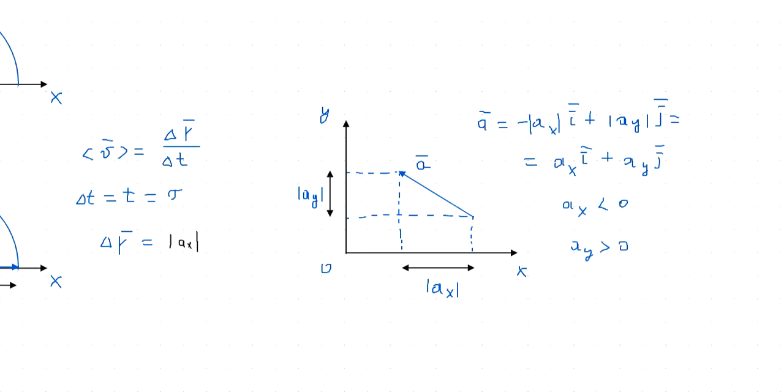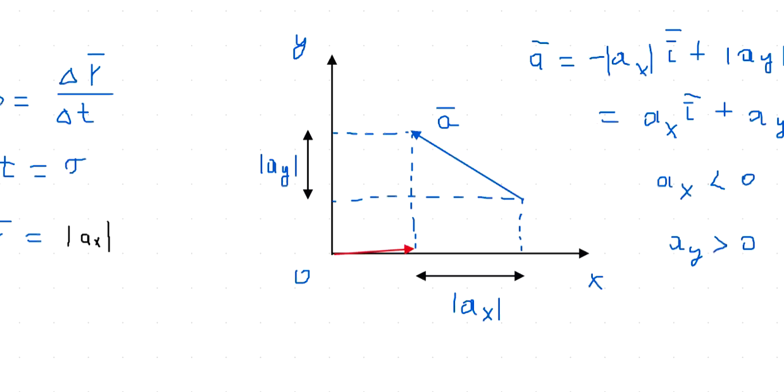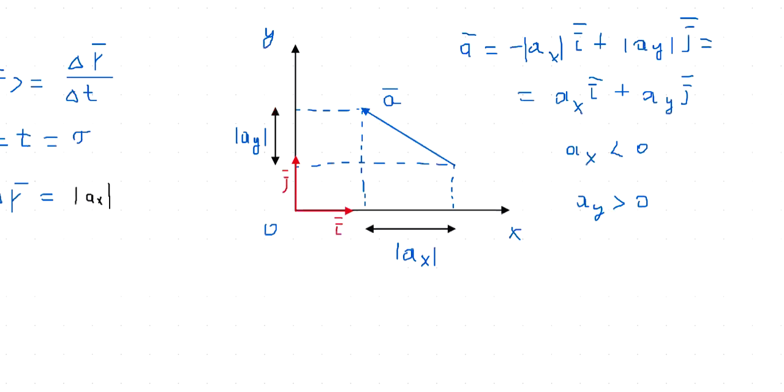We can draw this here on our picture, and this will be i, and this will be j.